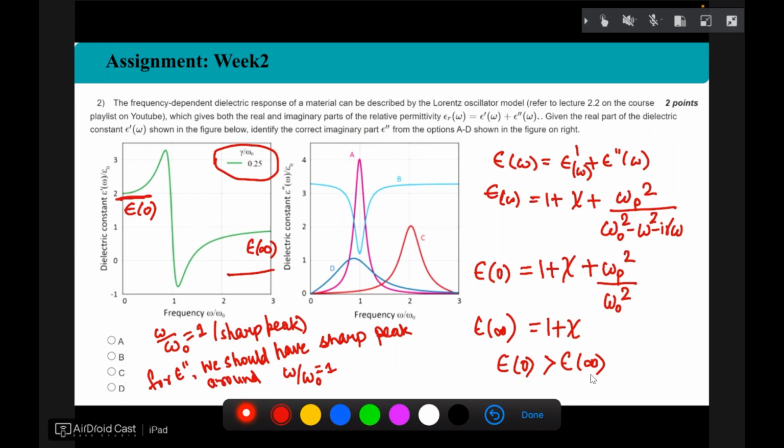So the answer can be A or B, since you can see that in figure C the resonance has a sharp peak at omega by omega naught equal to 2. That is not possible, so this is wrong. For D, there is a very broad peak. We can see that gamma by omega naught is 0.25 and it has resonance around 1 and it is very sharp. So for epsilon double prime, the imaginary part of epsilon, there cannot be this broad peak. So this has a very broad peak.